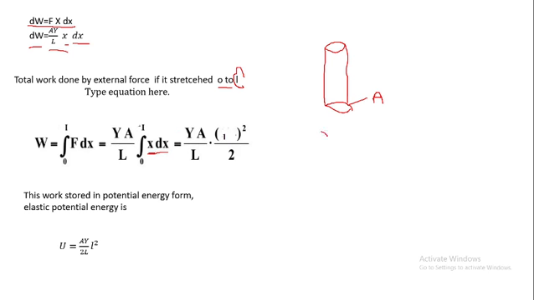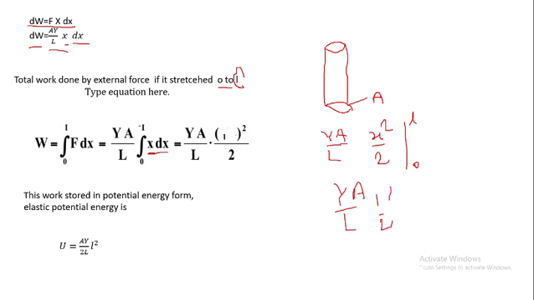So we get Y into A divided by L, and that integration gives X square upon 2, with integration limit from 0 to L. Putting in the limits, YA divided by L is constant, so there is a 1/2.